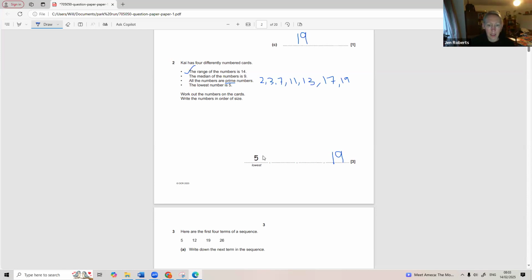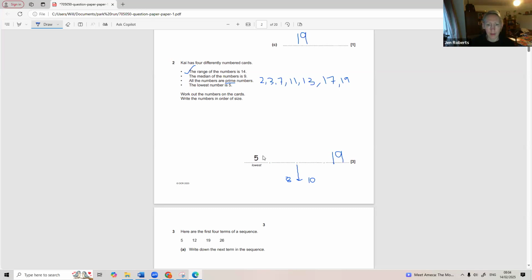The median is 9. Okay, so these numbers are ordered smallest to largest. The middle number would be the number in between this number and this number, has to be 9. Let me just choose a number either side of it. So 8 and 10, but they're not prime numbers, so that's not going to work.